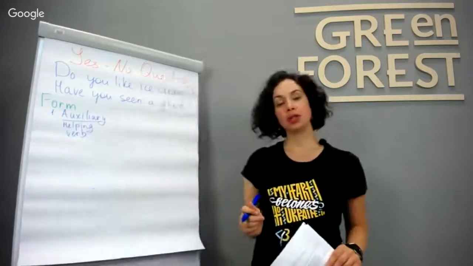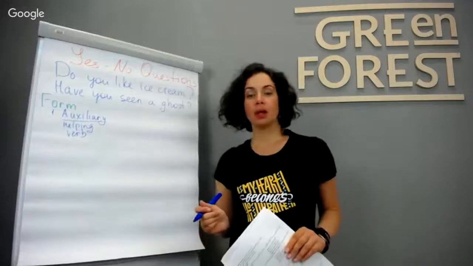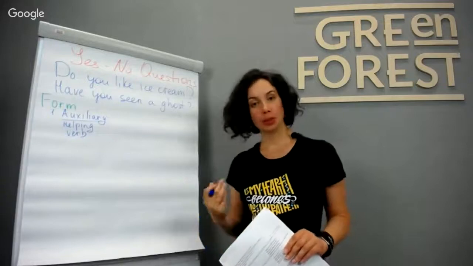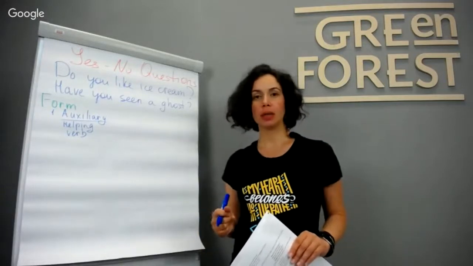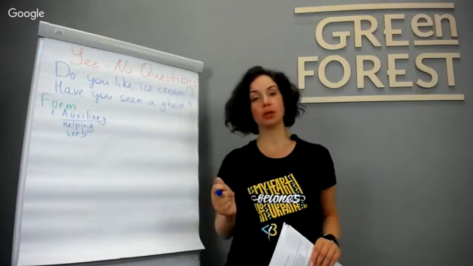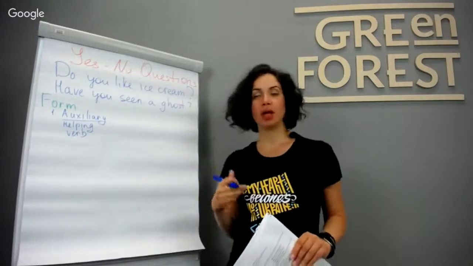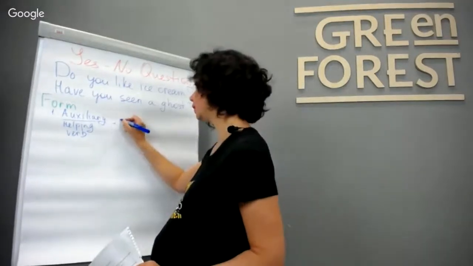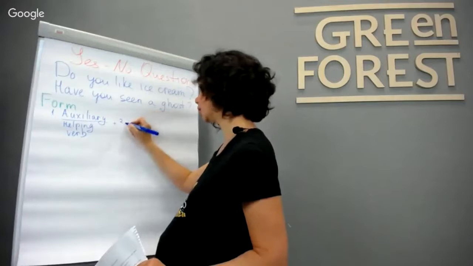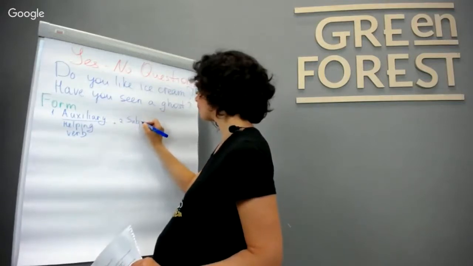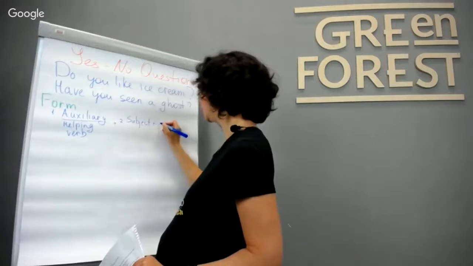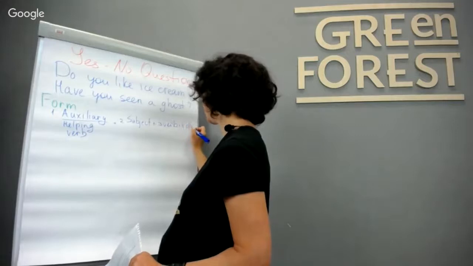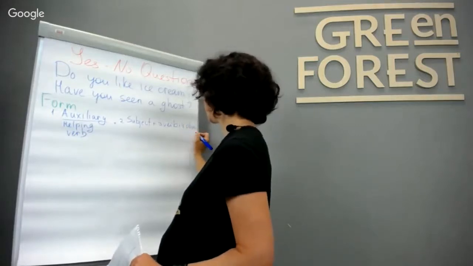You can watch my webinar about auxiliary verbs to understand how to identify them when you want to create a question. It's quite an important topic, and for using yes/no questions, you need to know how to identify auxiliary verbs in the sentence. After the auxiliary verb, the second one is going to be our subject. After that, we use the verb and object, if we have any, and anything else.